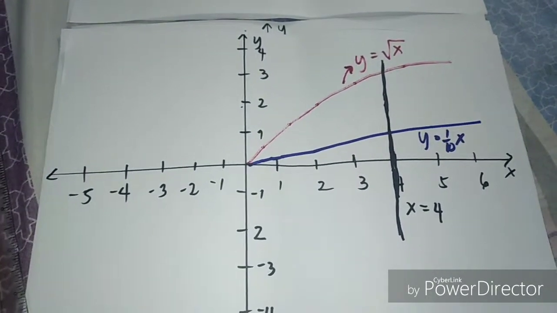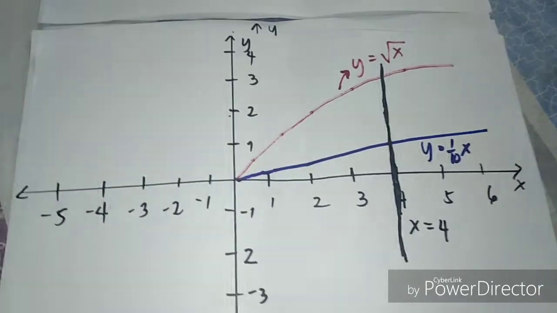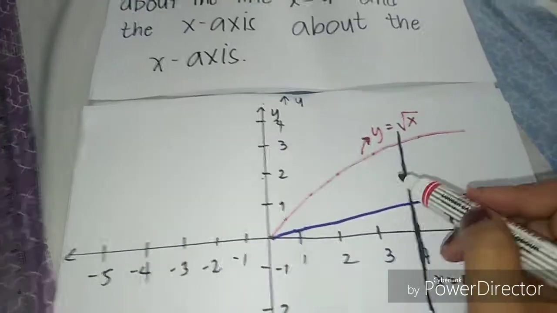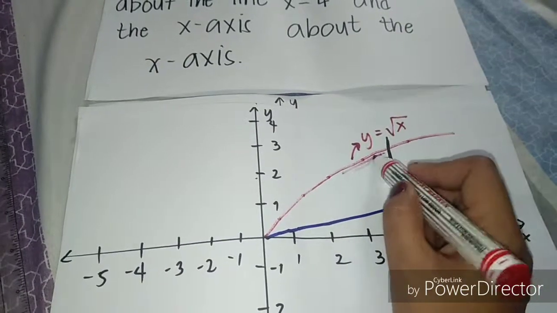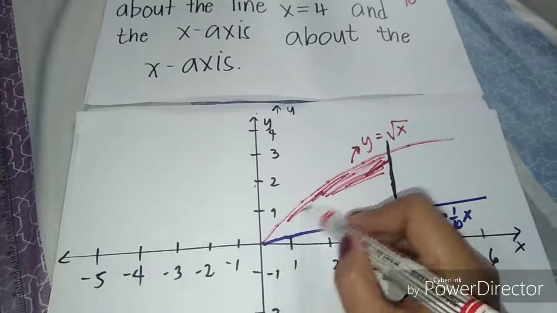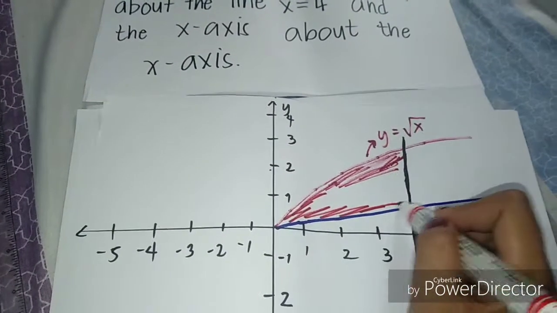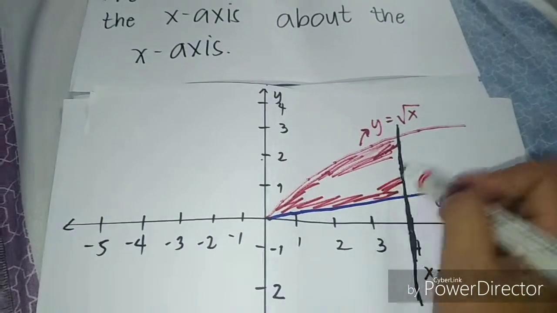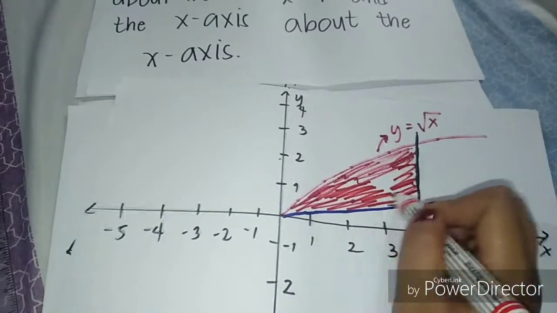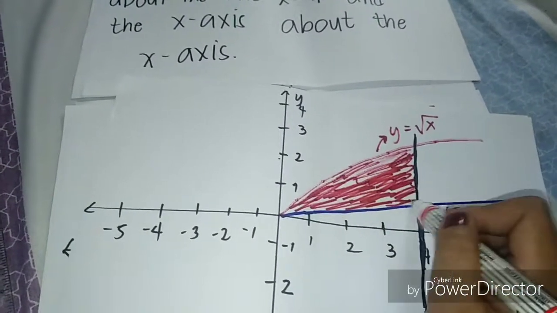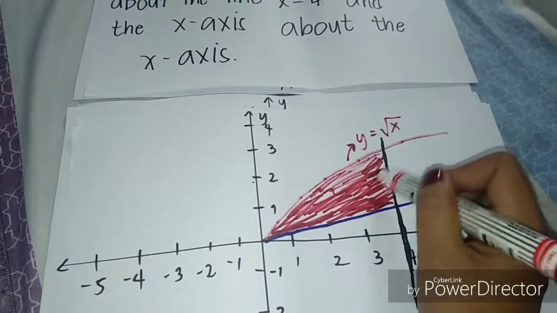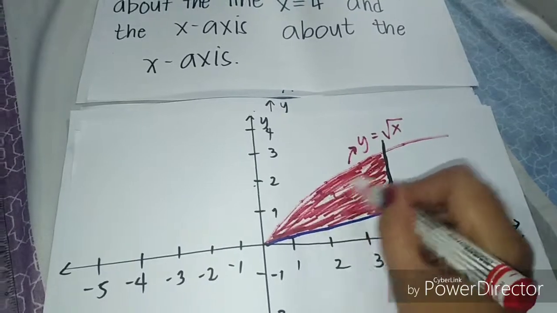So we're going to shade the region between the two functions up to x is equal to 4. So this is the shaded region.